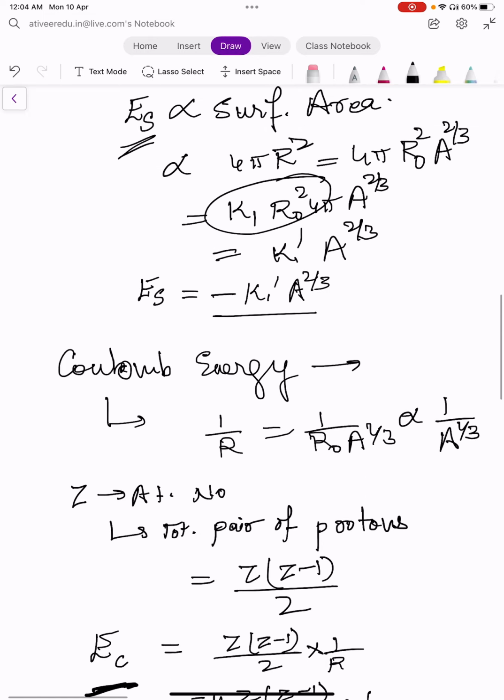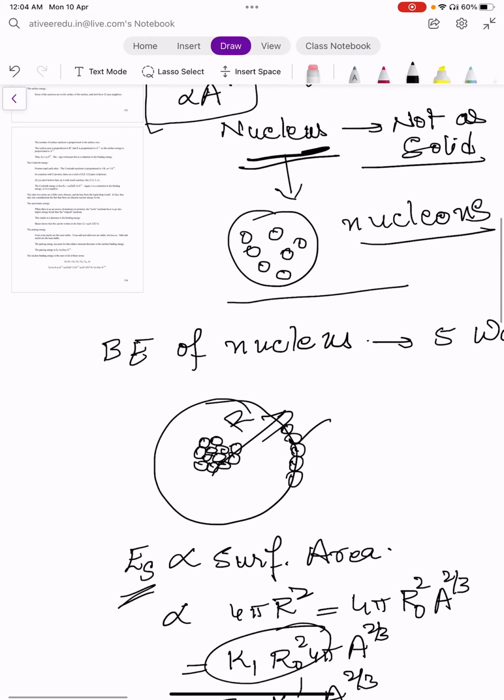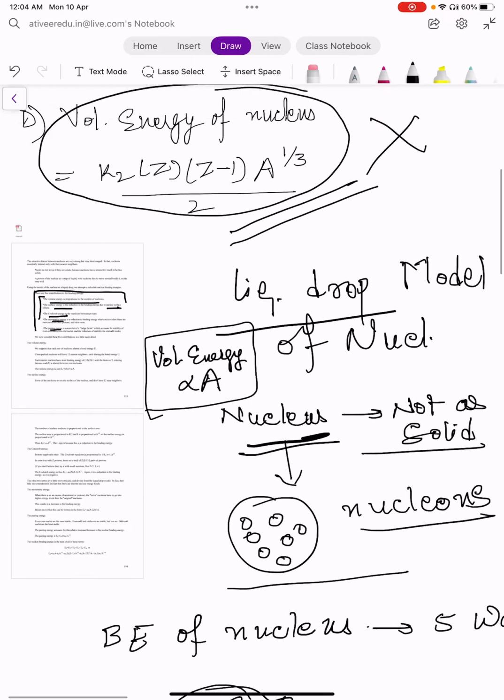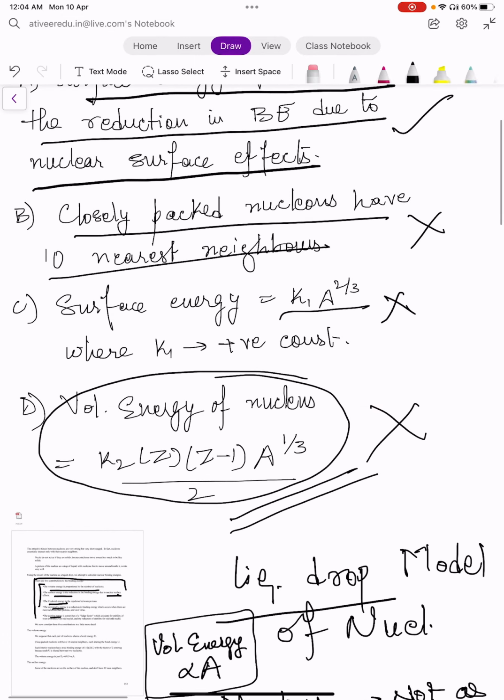This question is based on the liquid drop model of the nucleus. In that model, the nucleus is not considered as a solid, but rather as a liquid. In it, the binding energy of the nucleus is explained by 5 contributions: the volume energy, surface energy, Coulomb energy, pairing energy, and asymmetry energy.